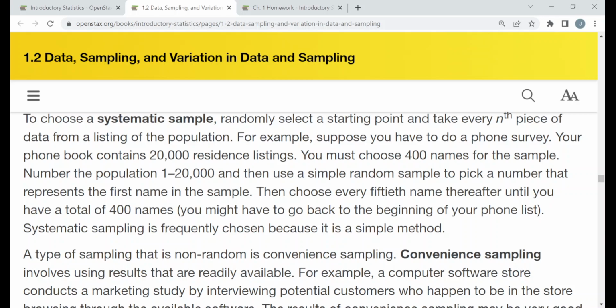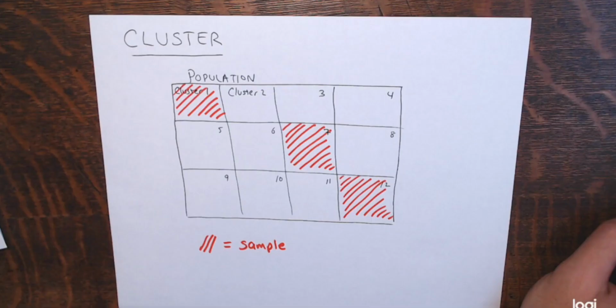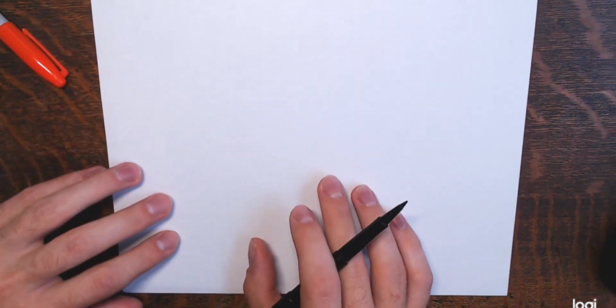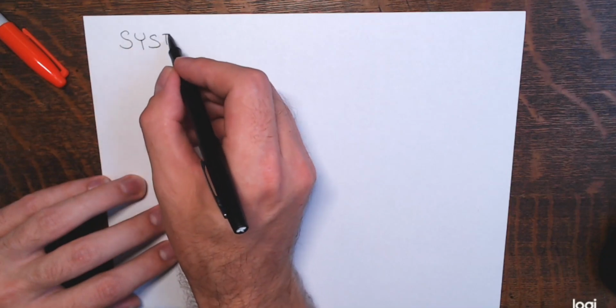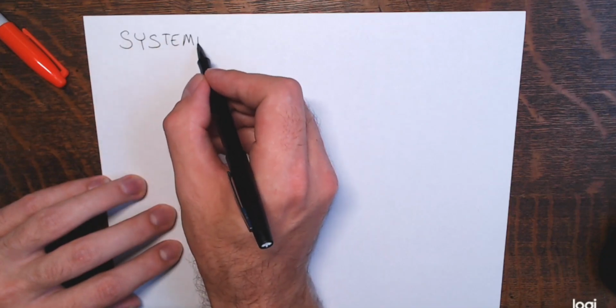All right. So once again, back in a little picture. So suppose, now this time I'm going to have the population be represented by a bunch of dots. Okay, so this is for systematic sampling.